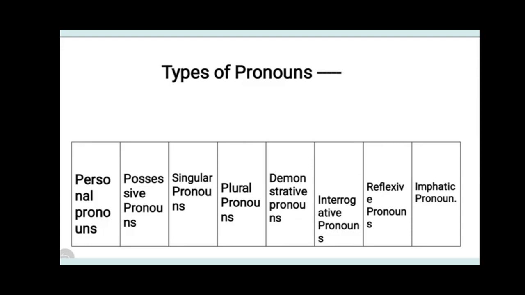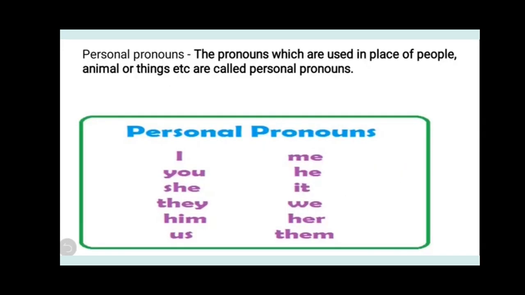Out of these 8 pronouns, we have already finished the first 5, which are personal, possessive, singular, plural, and demonstrative. So now, students, let me tell you in brief about these 5 pronouns.